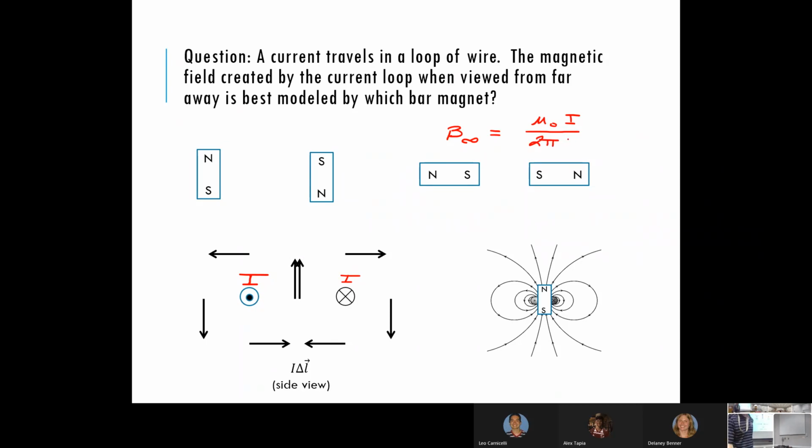Do you want me to put the D here or should I put an R in here? It's the distance to the wire. My gut tells me R, which means I should probably use D. So I'll put D in here. There. So this is supposed to be the distance to the wire.